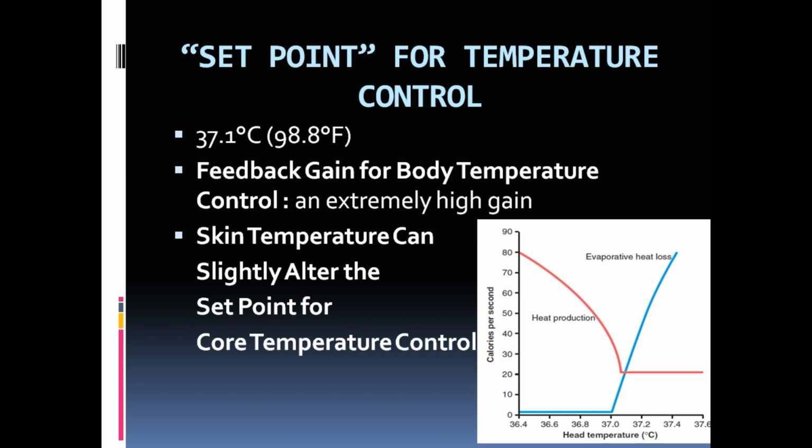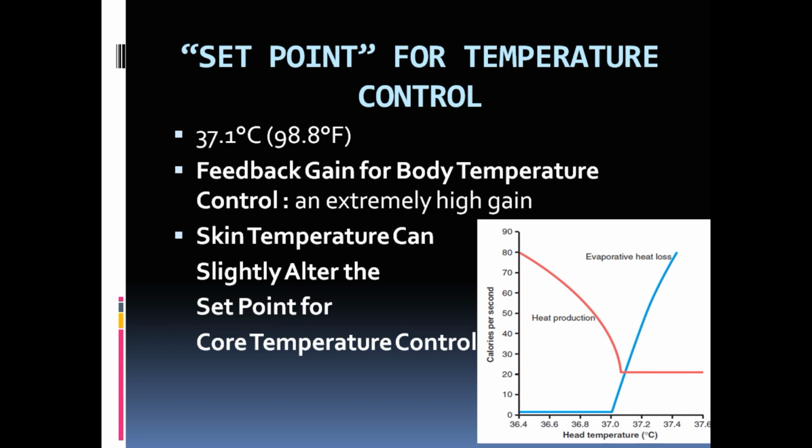On the other hand, if the body temperature increases above the set point, the heat loss mechanism kicks in, and all the heat loss mechanisms try to bring the body temperature back to the set point level.